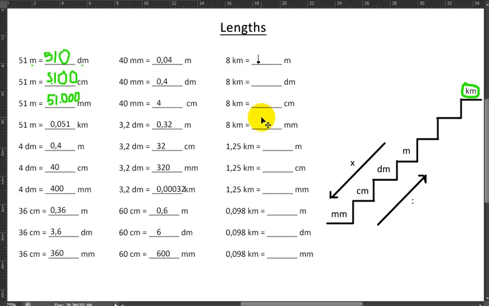Next up, 8 kilometers into meters. Okay, now we're going from kilometers to meters, so that's 1, 2, 3 steps down, meaning 8 times 1,000 makes 8,000. Kilometers to decimeters is 4 steps down, meaning we have to do times 10,000. 8 times 10,000 gives me 80,000.